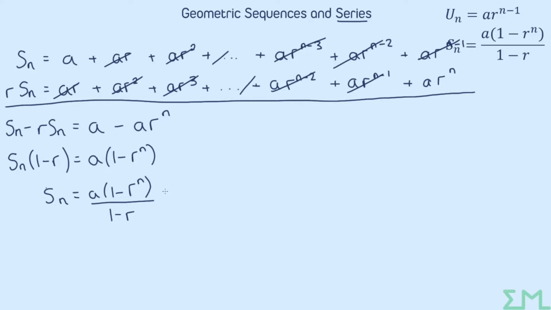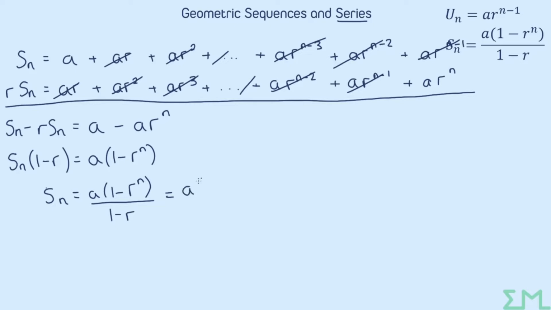Okay, there is another way of writing this just to be aware of, and which one you use will depend on your value of r in the question. So this version of the formula is quite nice if r is less than 1, because it means you'll get positive terms on the top and the bottom. What we can do is basically multiply the numerator and the denominator by -1, which has the effect of flipping around the order of the 1 and the r to the n and the 1 and the r.